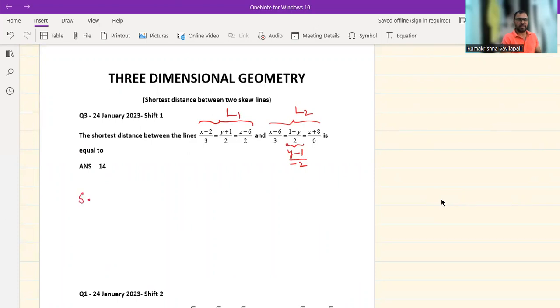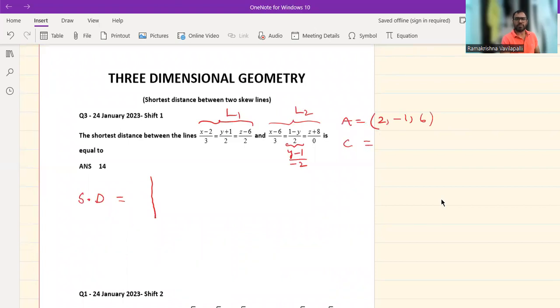Shortest distance between these two lines equal to only determinant application. You see, here the first point A is equal to 2, minus 1 and 6. First line passes through this point.